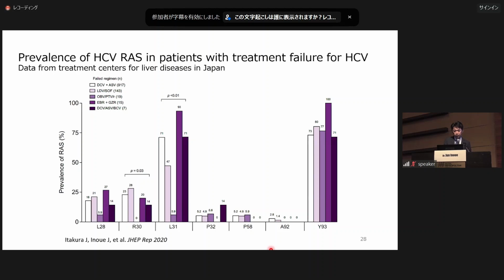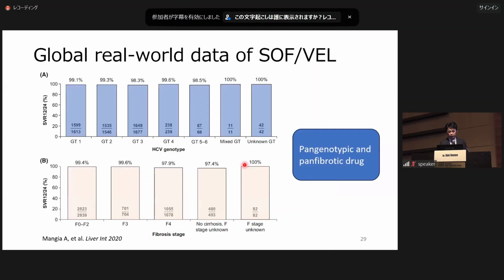This is data from treatment centers for liver diseases in Japan regarding RAS frequency in patients with treatment failure for DAAs. L31 and Y93 substitutions were frequently found, and some other RAS were found. Regarding P32 deletion, almost 4% were found. I think this is not low. So we have to care about P32 deletion.